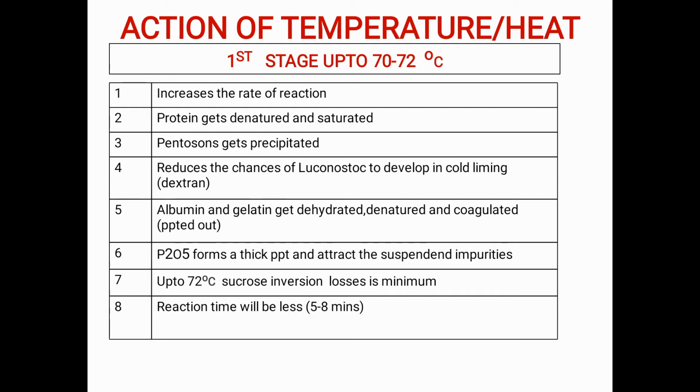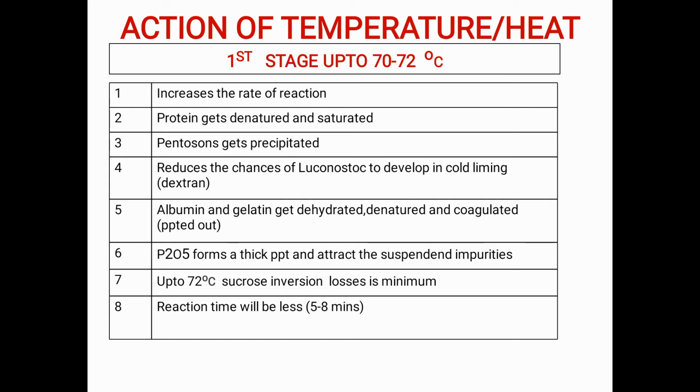Fifth will be that albumin and gelatin get dehydrated, denatured and coagulated. Next will be P2O5, that is phosphorus pentoxide, which forms a thick precipitate and attracts the suspended impurities. Up to this temperature, the precipitation of phosphorus pentoxide will be very good, and it will absorb the impurities suspended in there.